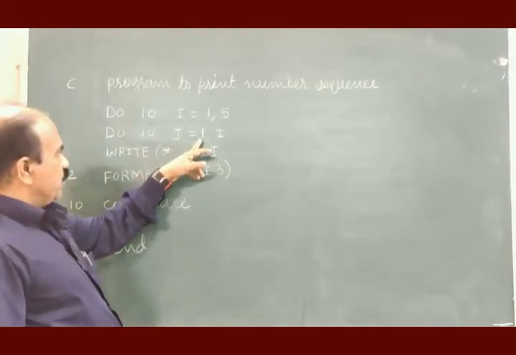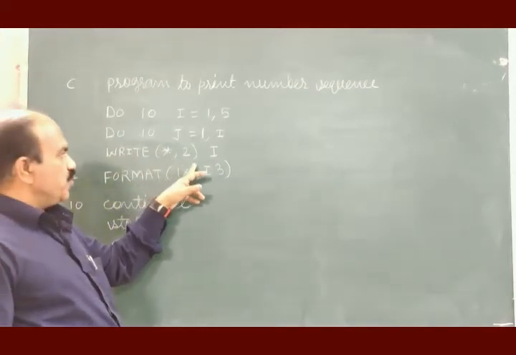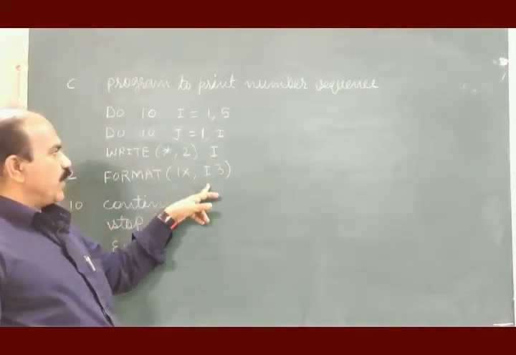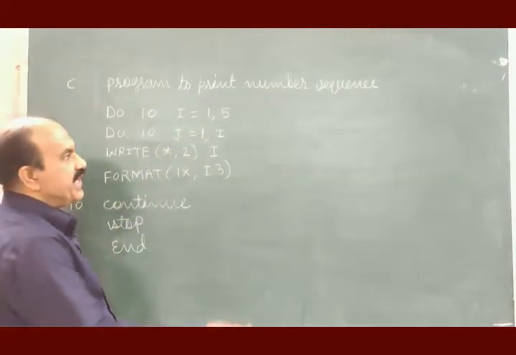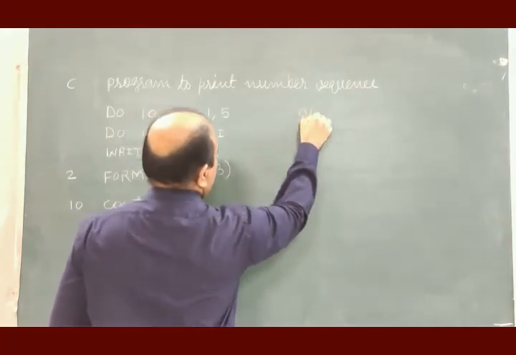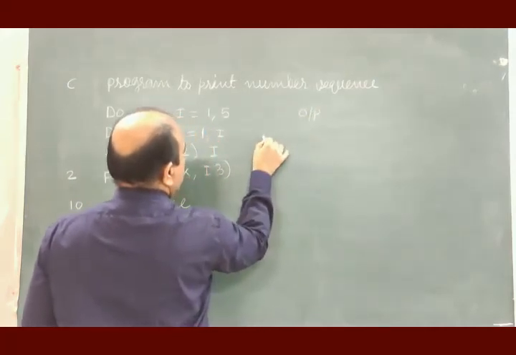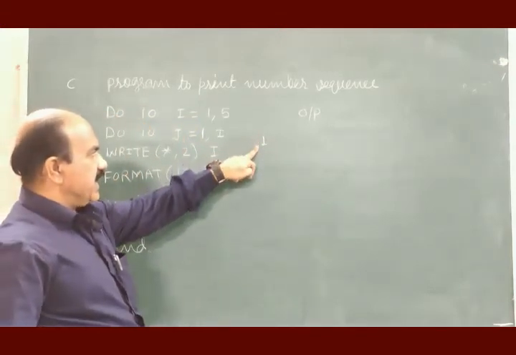J is equal to 1. Write asterisk, 2I in this format. What is the value of I here? 1. So 1 is printed. This is the output. 1 is printed here. 1X, one space left.